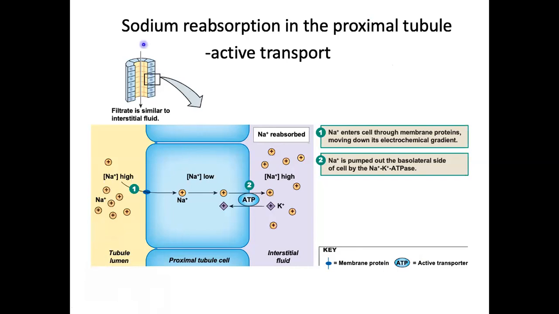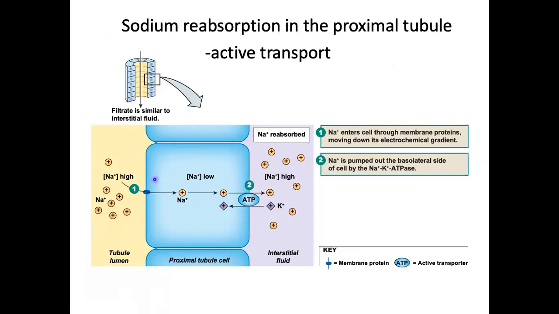So this is sodium reabsorption in the proximal convoluted tubule. This is active transport, right? So notice here's an interstitium. Let me orientate you. Here's an interstitium. Here's the basolateral membrane of the simple cuboidal epithelial cell.